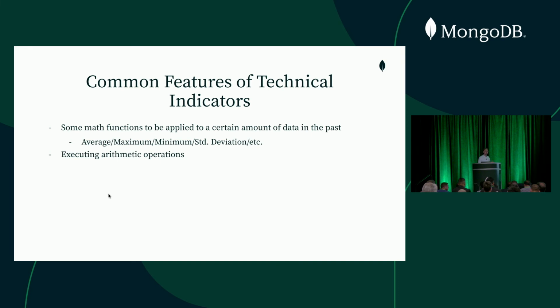This is the common feature of technical indicators. You need to execute some arithmetic operations, for example, add two values, divide, multiply, or subtract. And also you need to have some extra fields. You need to store some values temporarily. So how does MongoDB help here?